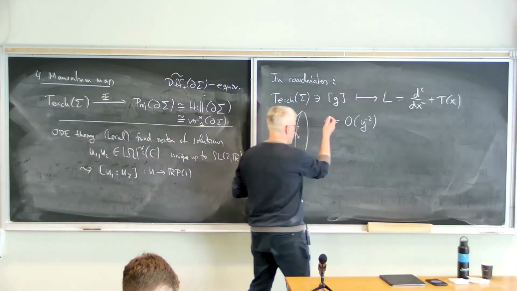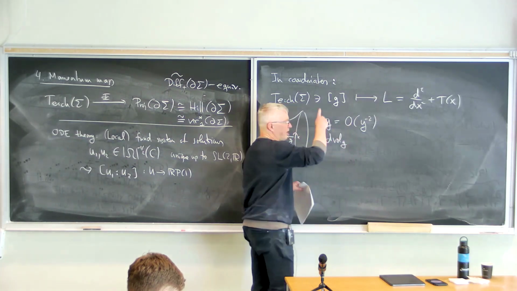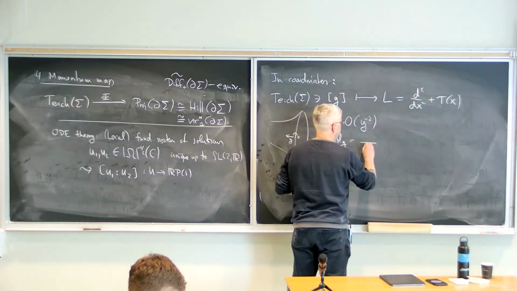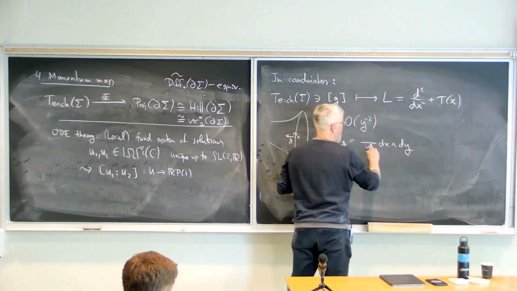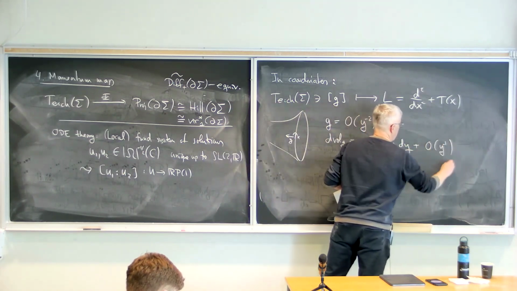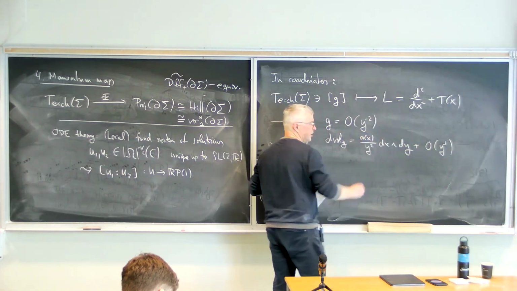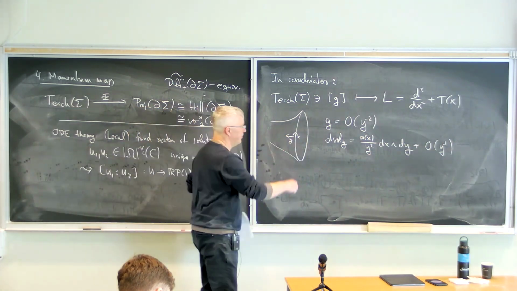Then if you look at the corresponding volume form, it also blows up like 1 over y squared. So it goes like something over y squared, dx wedge dy, plus higher order terms, where this coefficient is some function of x. That's one ingredient, this a of x.